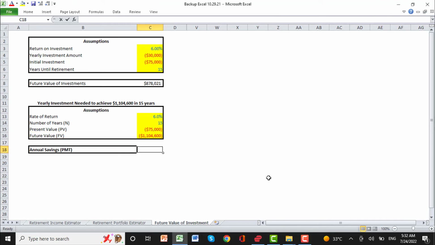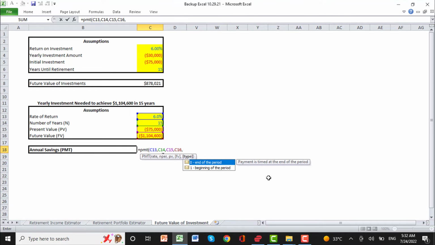And so if we use the PMT function and input those assumptions, we'll first input the rate, which is 6%, then the number of periods, which is 15, then the present value, which is $75,000, then the future value, which is $1,104,600, and then lastly the type, which is 0.